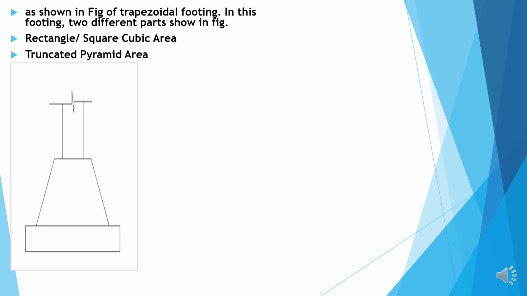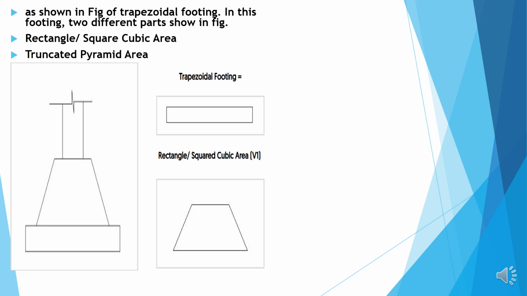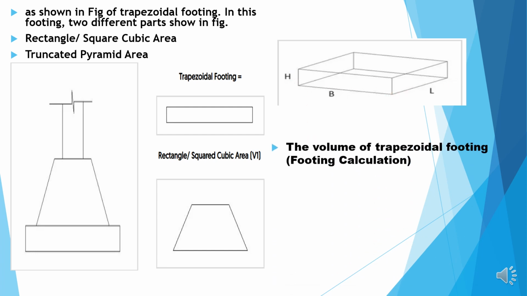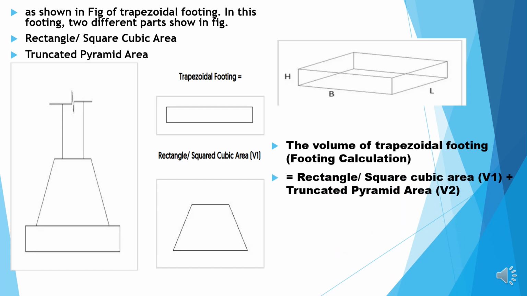See, this is a rectangle area. This is the pyramid area. This rectangle area has been segregated and this is the pyramid area. Again, this is the breadth, this is the length, this is the height for the rectangle area.